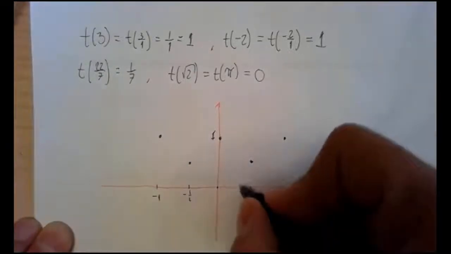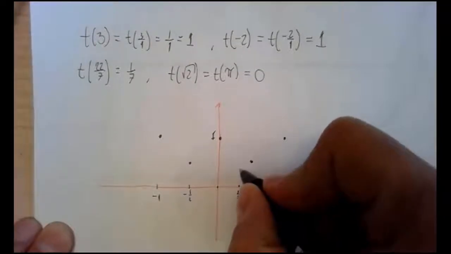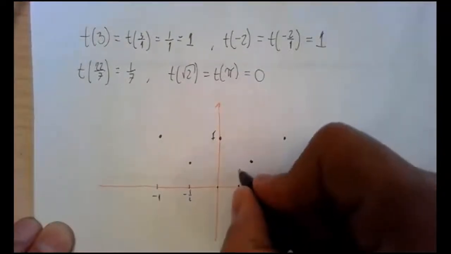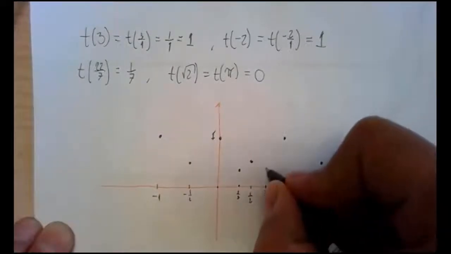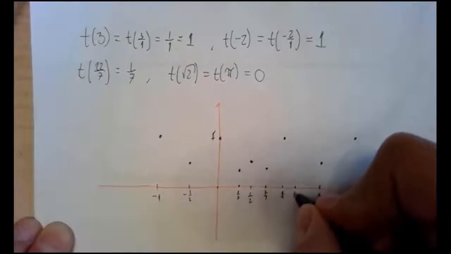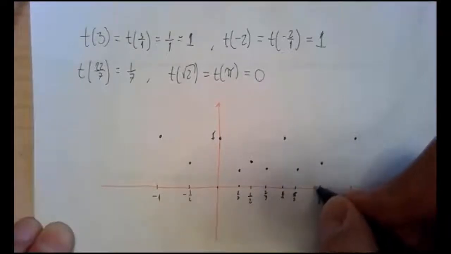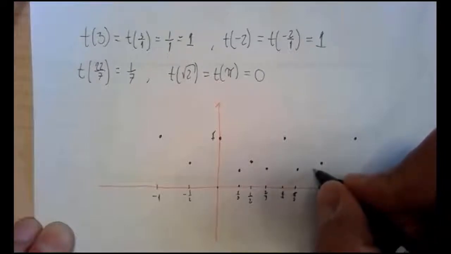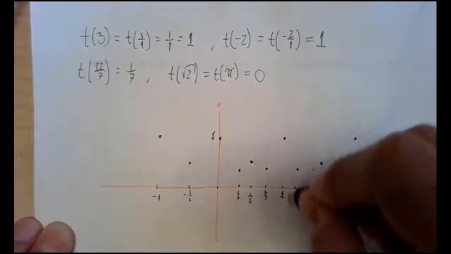Then we can think about something like 1/3. And 1/3 will be 1/3. But 2/3 will also be 1/3. And then 4/3 will be 1/3, and so on, right? So these little points' distance, this is too close to be 4/3.